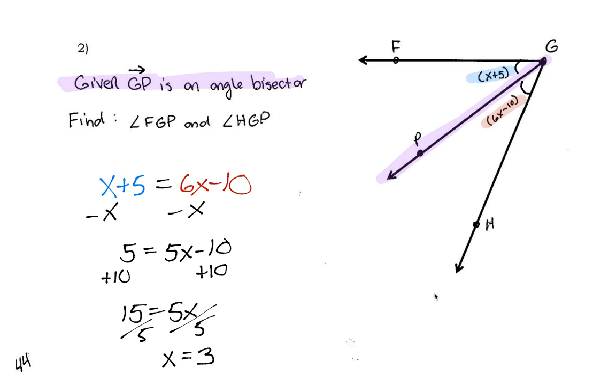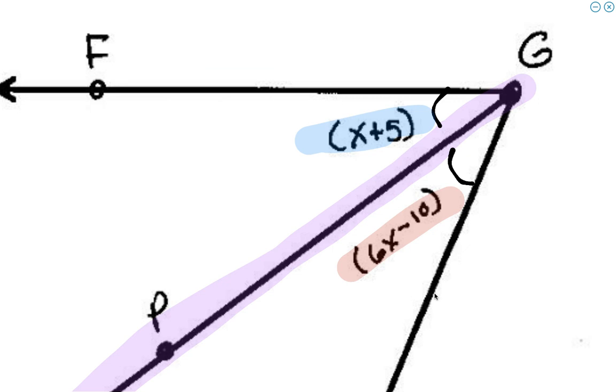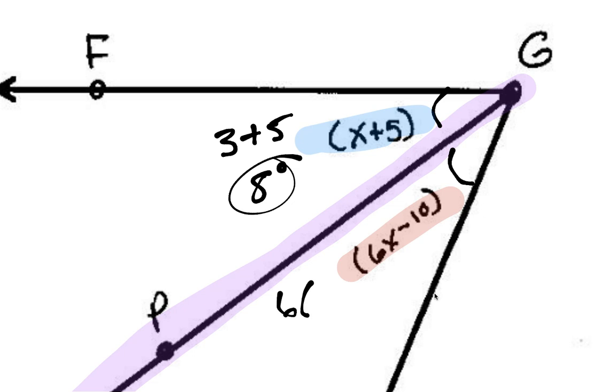Take our x value and let's plug it back in. So this is 3 plus 5, which is 8. And this is 6 times 3, which is 18, minus 10, which is also 8.